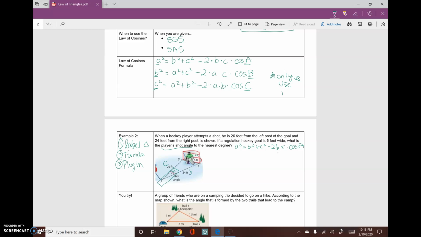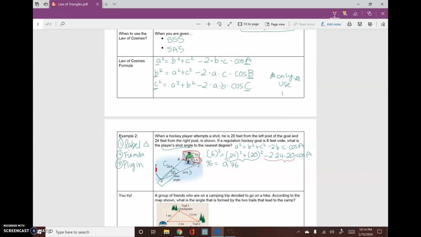So we know that little a is 6 feet, little b is 24 feet, plus 20 feet, minus 2 times 24 times 20. We don't know cosine of A. That's 36. These can be combined. So then 24 squared plus 20 squared gives me 976.